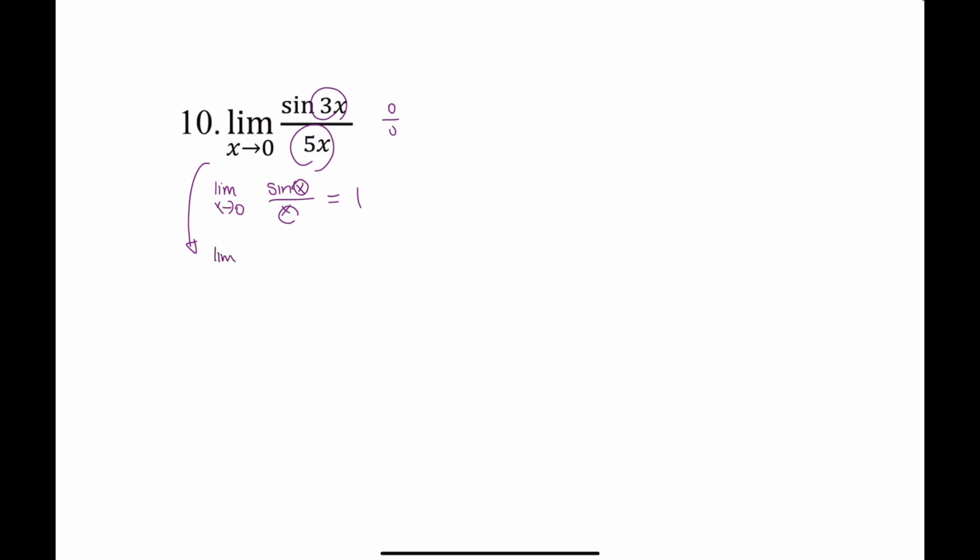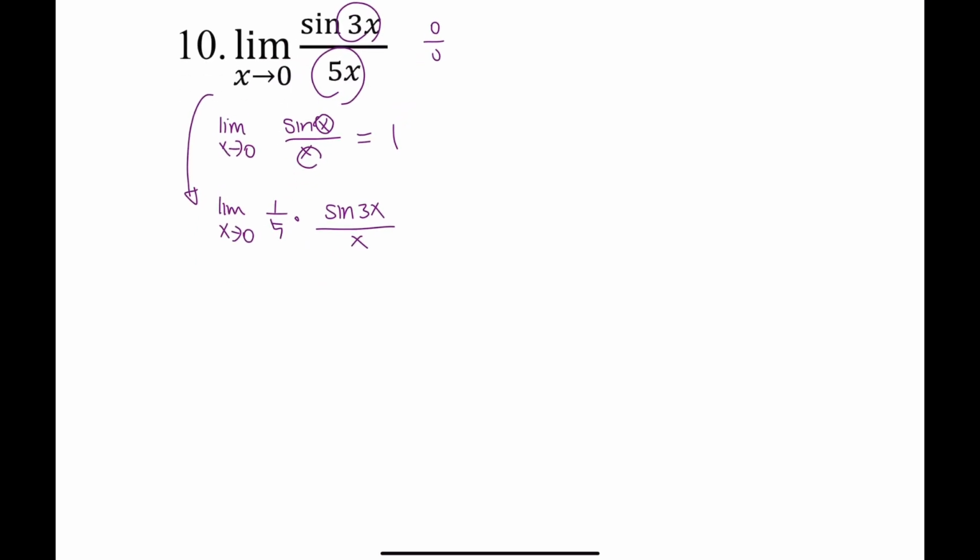So limit as x approaches 0, and I'm going to separate this 5x, so it's going to be 1/5 times sine 3x all over x, right? So we're going to have 1/5 limit as x approaches 0 of sine 3x all over x, and then we're going to multiply this by 3 over 3, right? 3 over 3 is essentially 1, so there's not really a change, but it makes an algebraic difference, so that this part is going to combine to 3x.